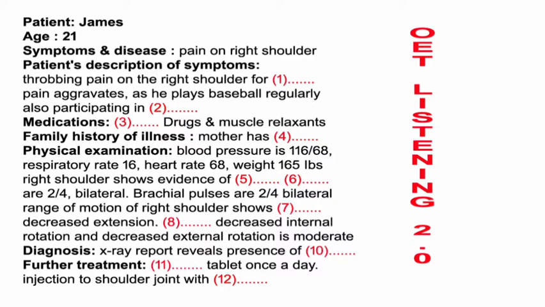Left shoulder is normal. External rotation is fair. Internal rotation is poor. Rotator cuff impingement is moderate. Your X-ray report reveals presence of cuff arthropathy. You have developed rotator cuff syndrome in your right shoulder.